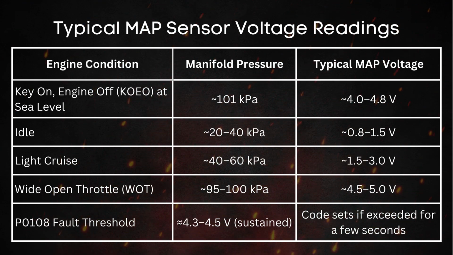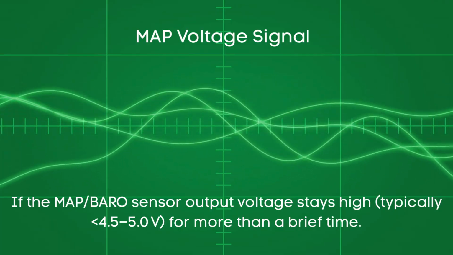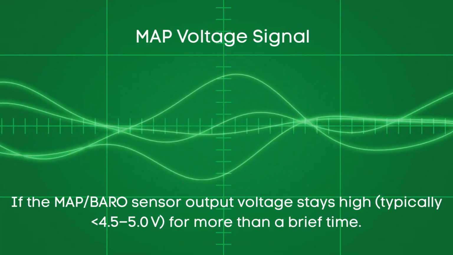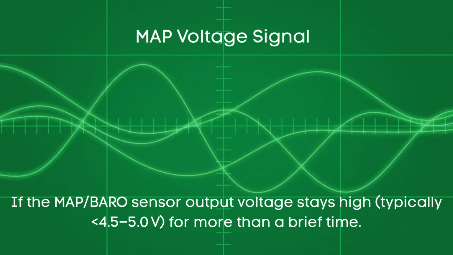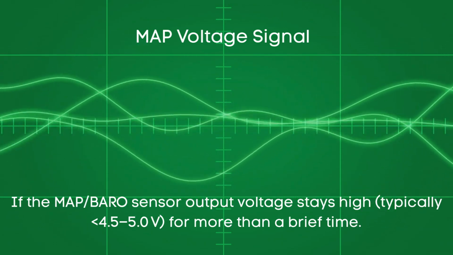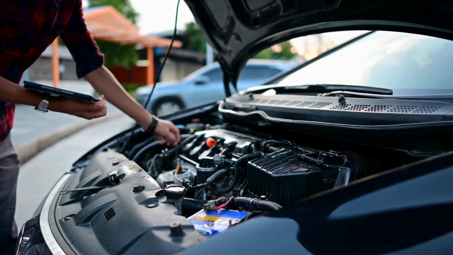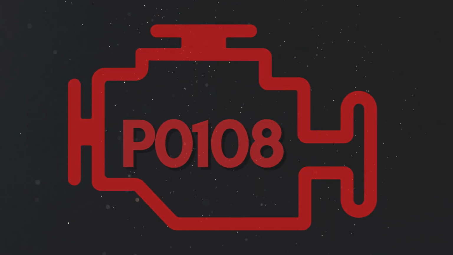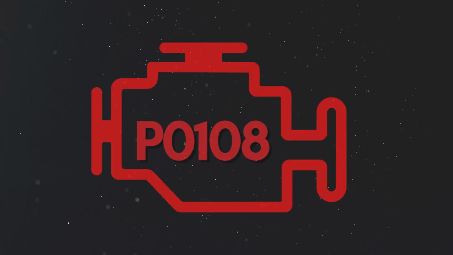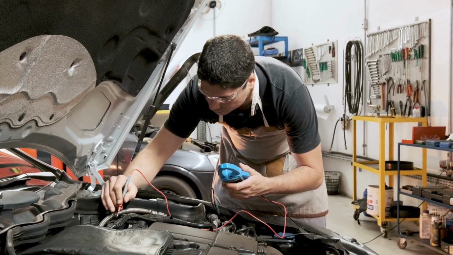At idle, cruising, acceleration, and wide open throttle, the voltage changes as shown in the table. If the MAP sensor output voltage stays high, typically above 4.5 to 5.0 volts, for more than a brief time, the ECM recognizes that something is wrong with the MAP sensor circuit and triggers the P0108 trouble code.